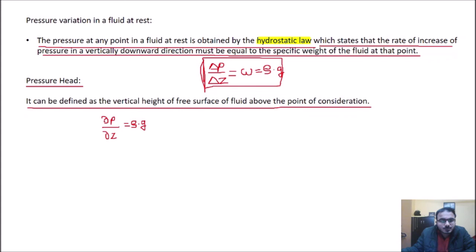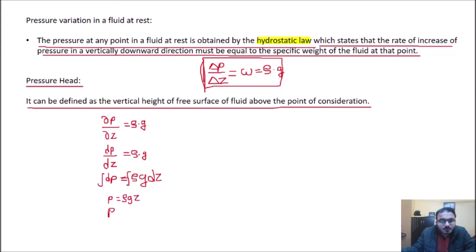So let's first take this as a total derivative. dP over dz is equal to rho into G. So dP is equal to rho G dz. Once we integrate this on both the sides, we get P is equal to rho G z.